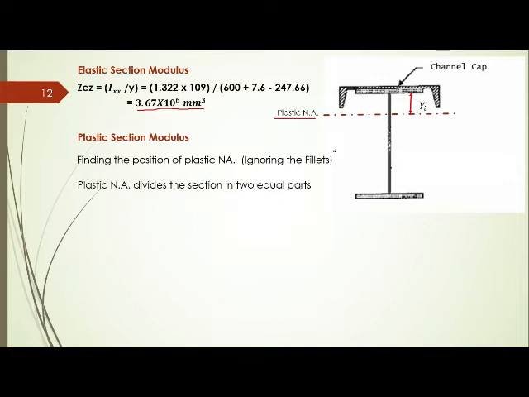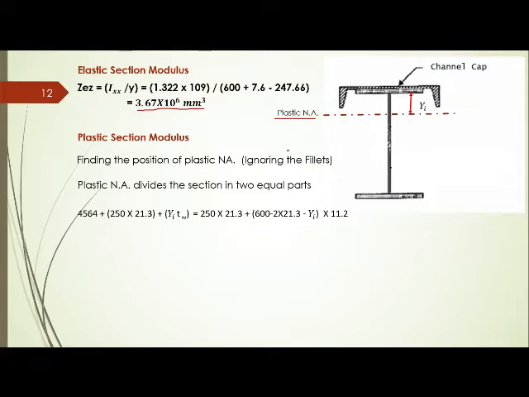With the help of this property, the area of the cross section above the plastic neutral axis is equal to the area below the plastic neutral axis. So here we have calculated like this. 4564 is the area of the cap channel.